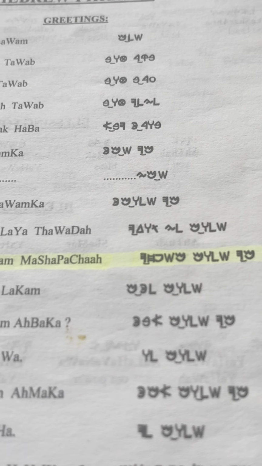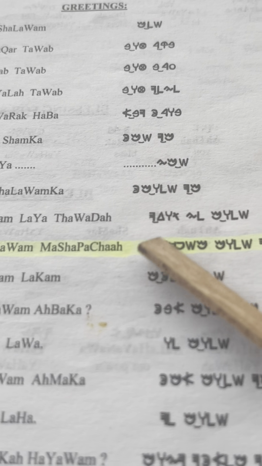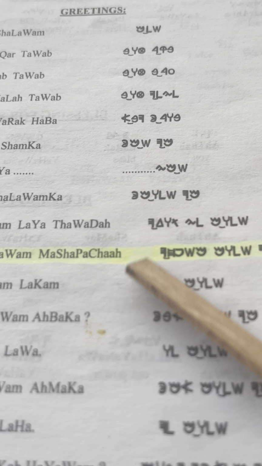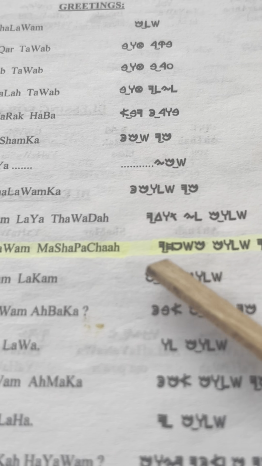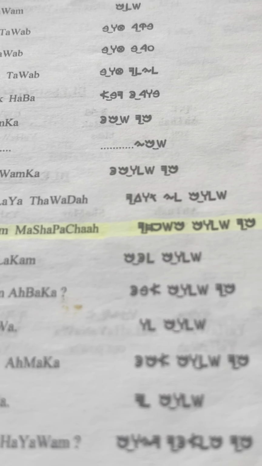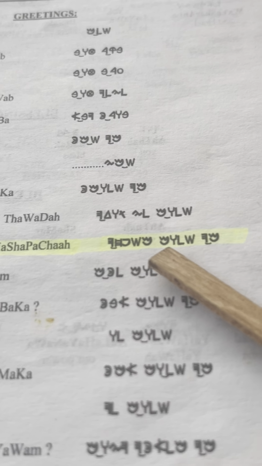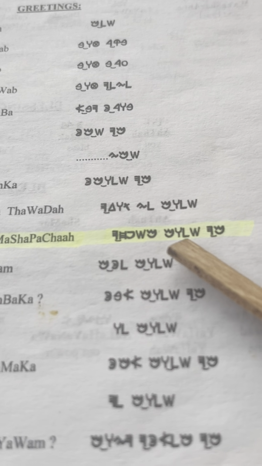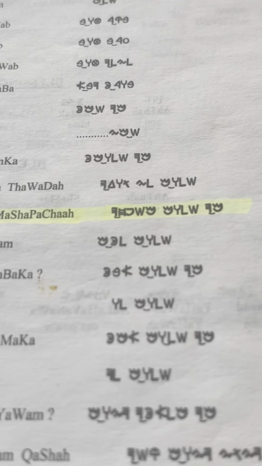All right, so mishpecha. All right, so this hey is not a consonantal hey, but it is there to indicate that this final syllable is carrying an A-class vowel, mishpacha. All right, so here the waw is matres lectiones, and here the hey is matres lectiones.